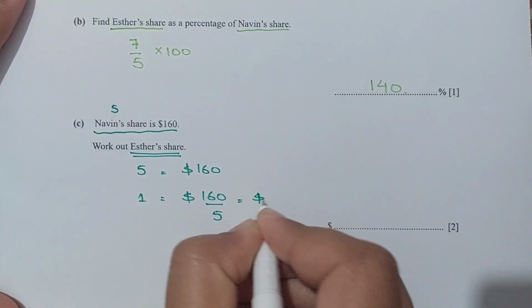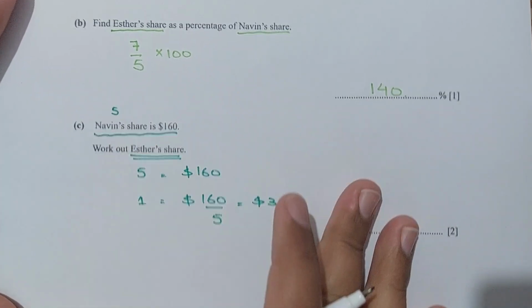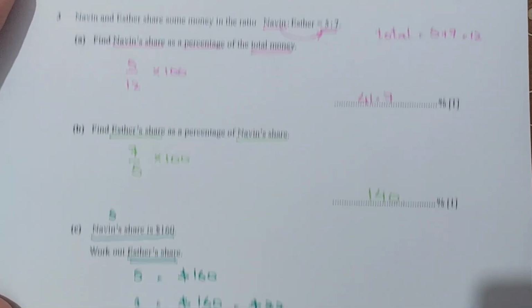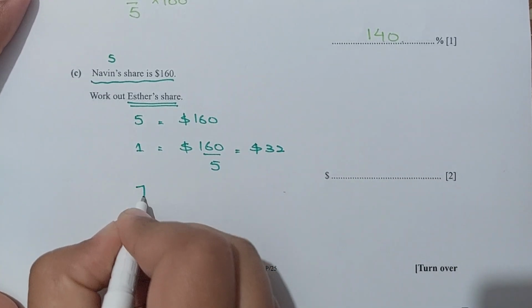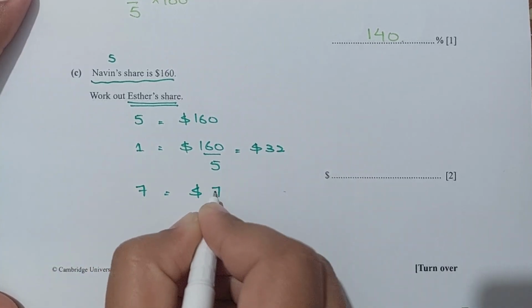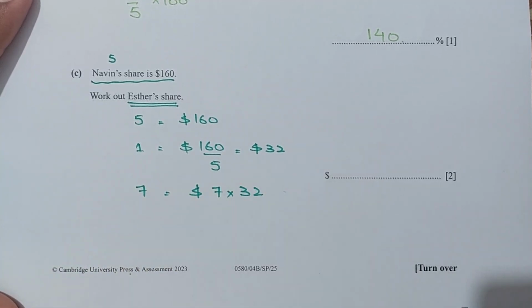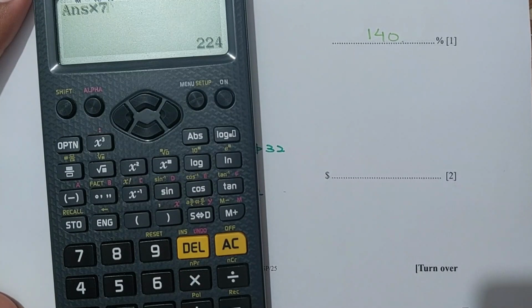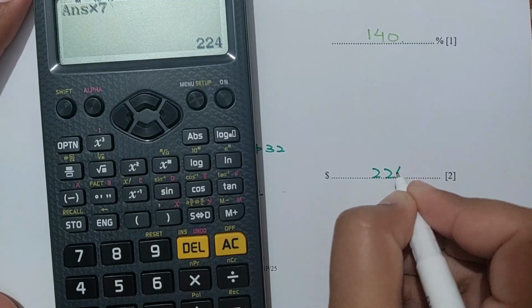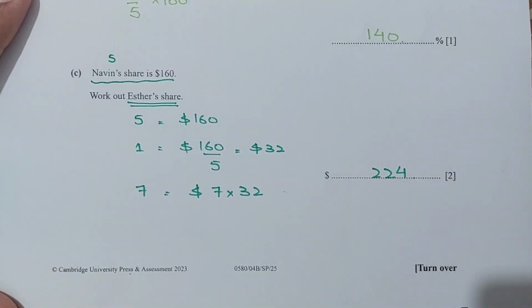So 1 represents $32. Since Ether's share is in the ratio of 7, 7 is equal to 7 times $32. Times it by 7, this is $224 for Ether.